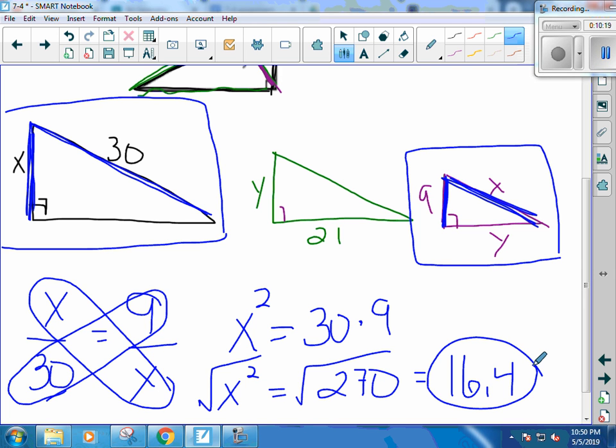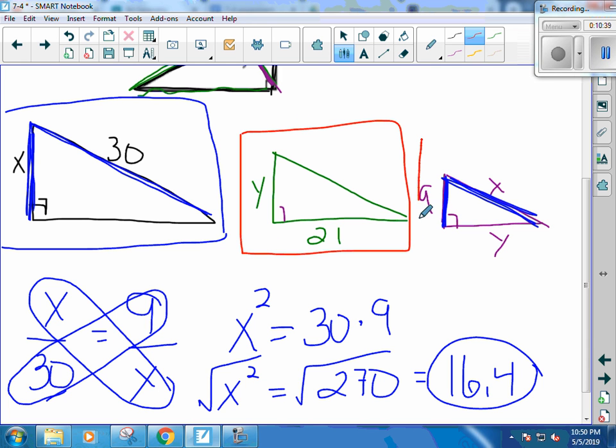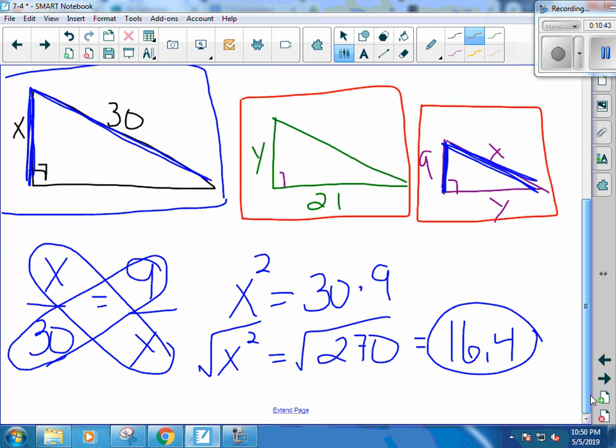So that's doing it the long way. Let's try when we solve for y, let's try using the geometric mean. Okay. So the ones that involve y are the two triangles that I want to look at. So that's this one and this one. Right?